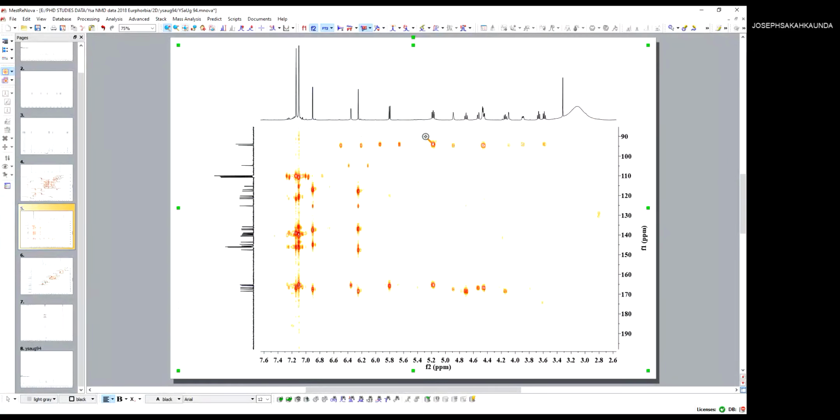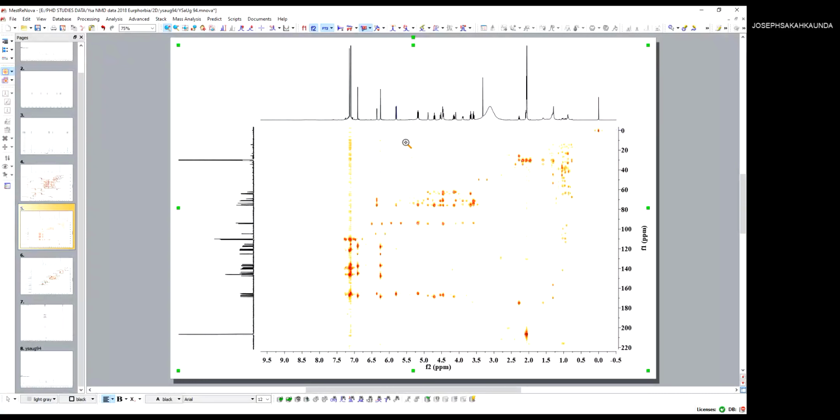It was 6.36. It was here. The carbon, but I don't know the protons.